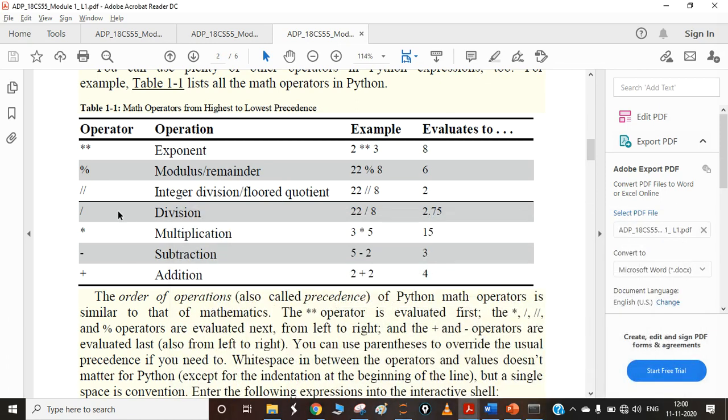Similarly, this we call floor quotient. Here it is going to do floor division. This we call a double forward slash, an integer division or floor division. Here it is going to give the quotient.